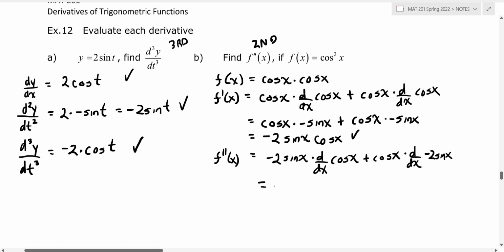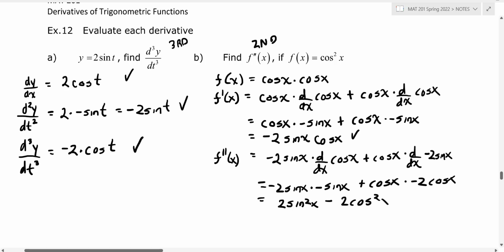We get negative 2 sine x times the derivative of cosine, which is negative sine x. Then we have cosine x times the derivative of negative 2 sine x, which is negative 2 cosine x, since the derivative of sine is cosine. Let's clean this up a little bit. It looks like we have positive 2 sine squared x, and over here minus 2 cosine squared x.